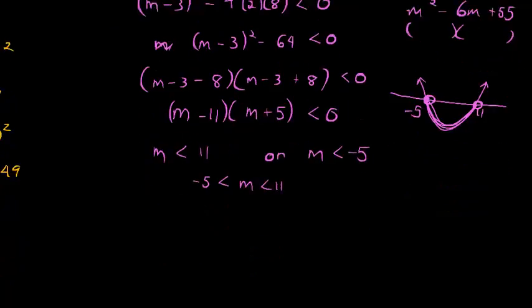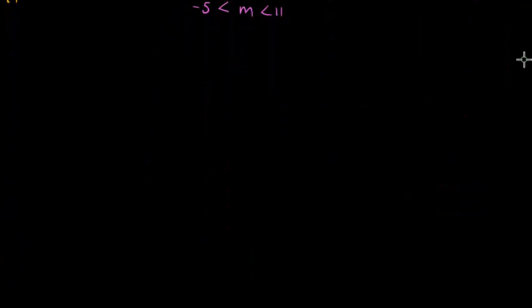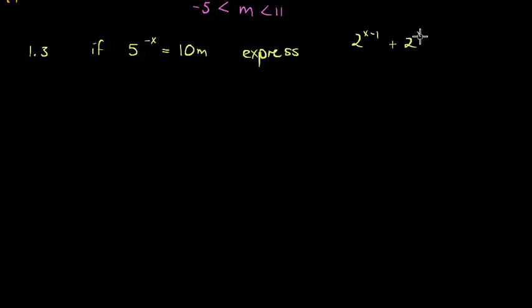Okay, so let's do question 1.3. Question 1.3 says, if 5 to the power of negative x is equal to 10m, express (2^(x-1) + 2^(x+1)) over 5 times 10^x in terms of m.